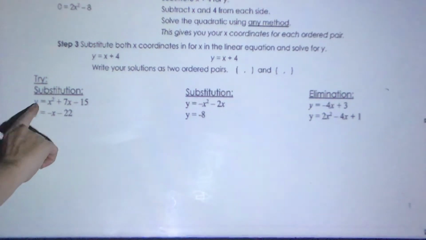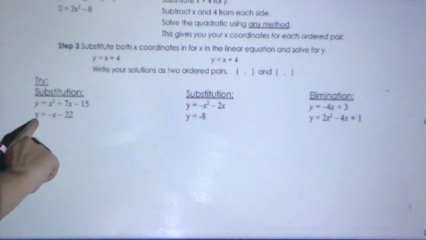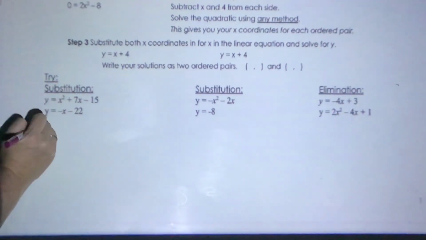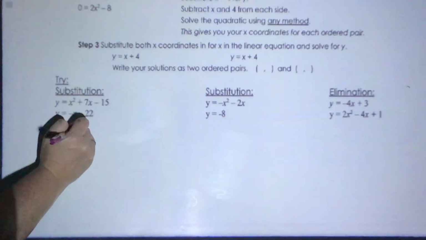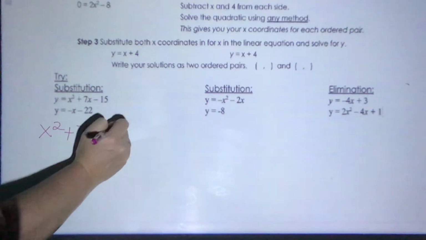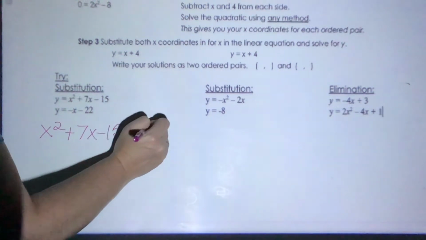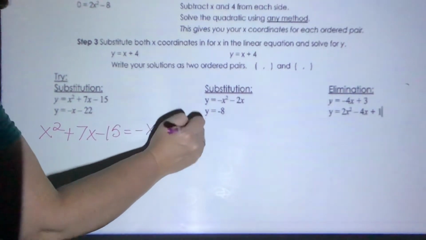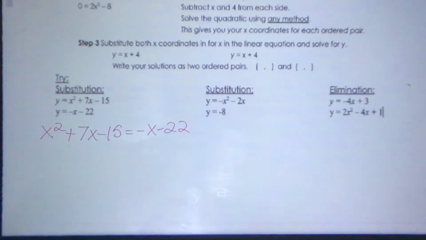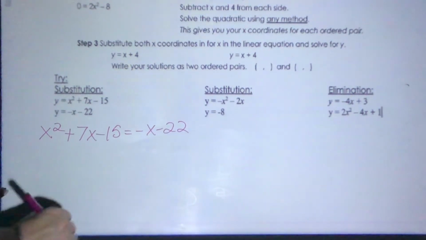For this example, if I know that y equals this and y equals this, I'm going to write one equation, and I'm going to write my quadratic on the front side and my linear equation on the back side. And now I want to move everything to one side so I can solve my quadratic.